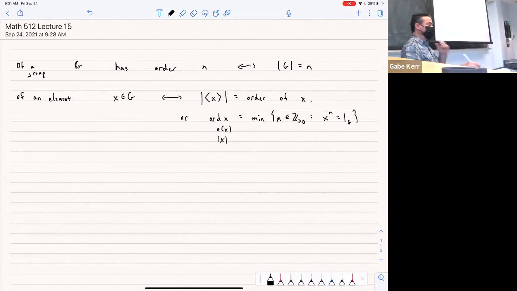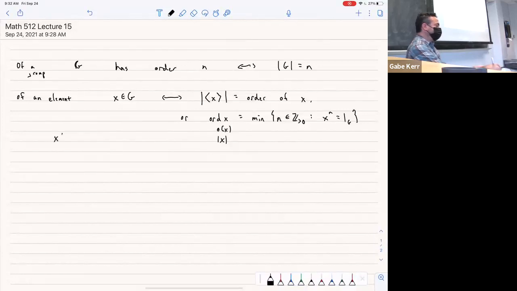I assume there was confusion with this because some of the problems I couldn't understand, because people would say things like the order of x is p. I looked at the one with the prime power order group.